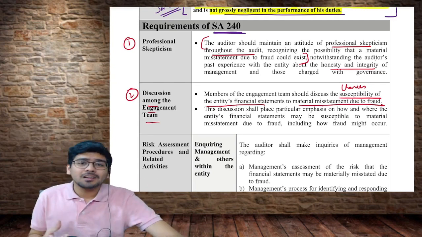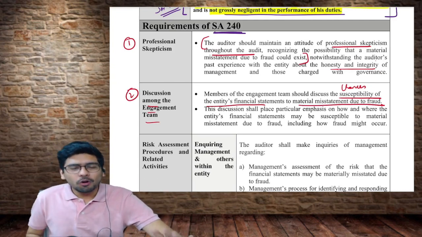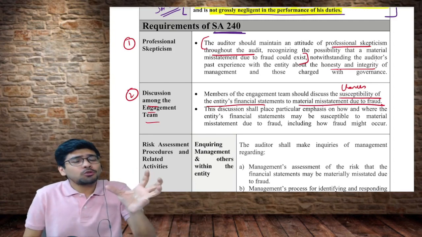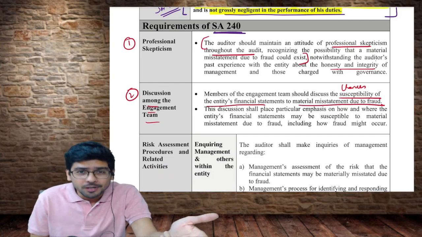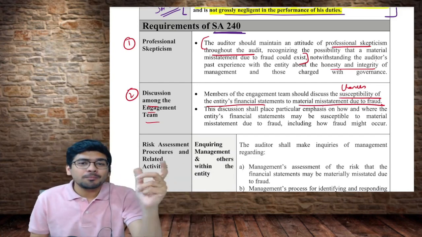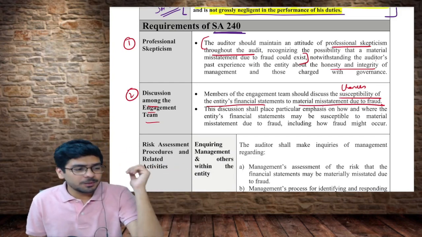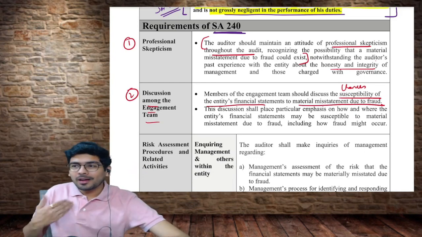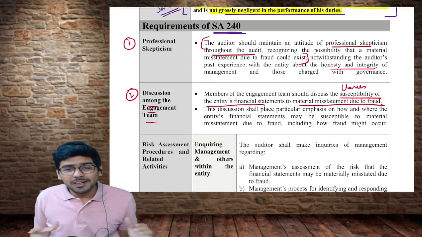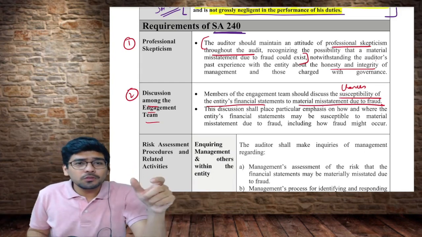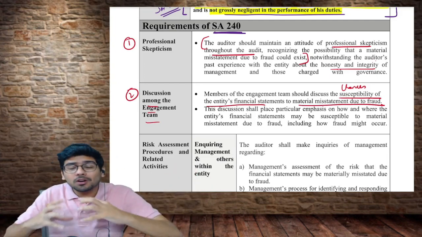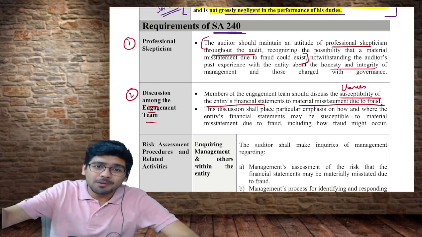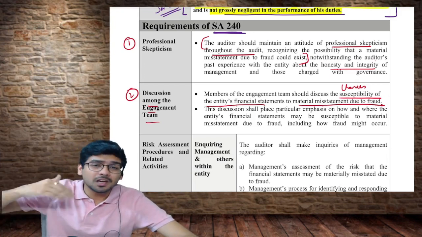And once we are discussing this aspect, obviously we will identify those particular elements of the financial statements where fraud could have happened. Let's say in case of banks, majority of the fraud might happen in case of loans. So as an auditor, I will first discuss with my team what do you think? Can the bank engage in fraud? If yes, and if they do engage, what are the areas wherein the fraud can be committed? We need to discuss these aspects with our team.